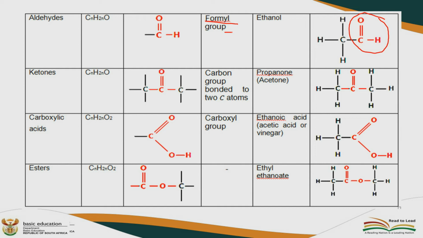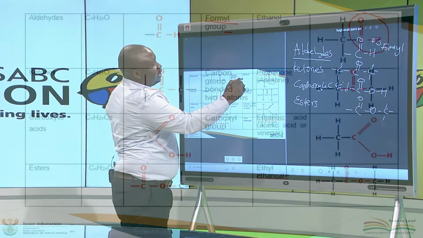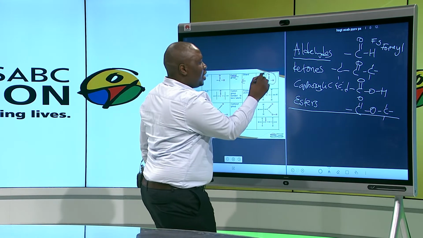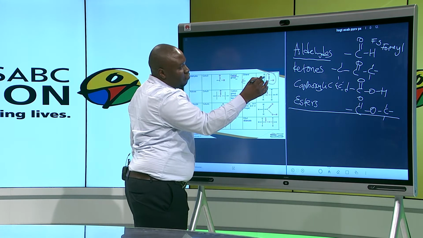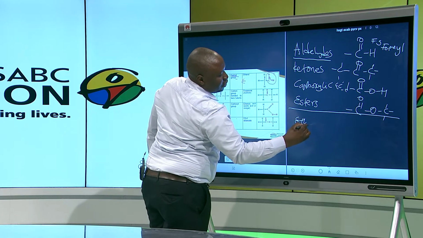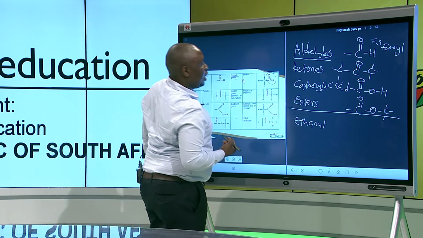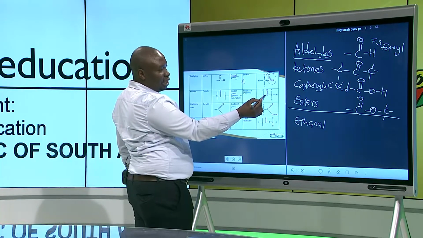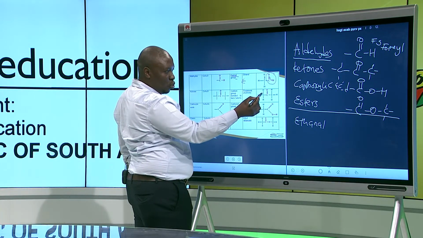So now, when you are naming, we follow the same way of naming. For example, for aldehydes, the name here will be ethanal. Why? Because we have 2 carbons, we know it's eth. So the name becomes ethanal. When you have a ketone like that, we said it must have C double bond O surrounded by 2 carbons.